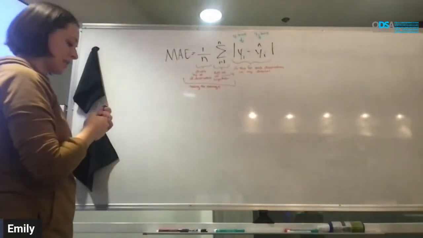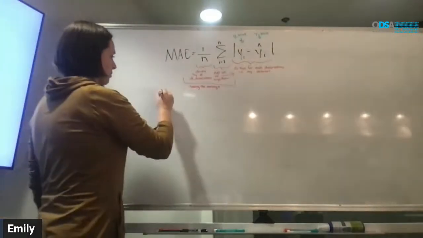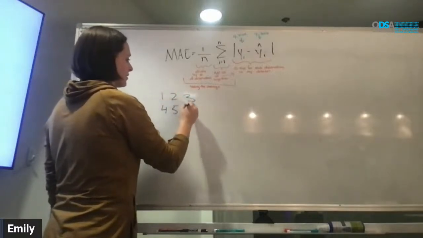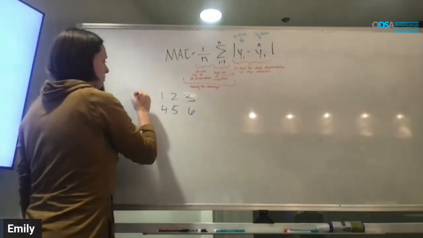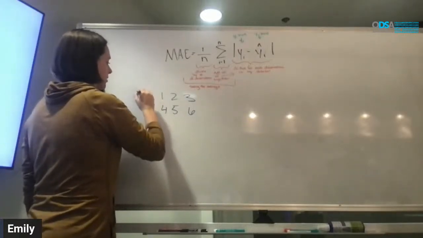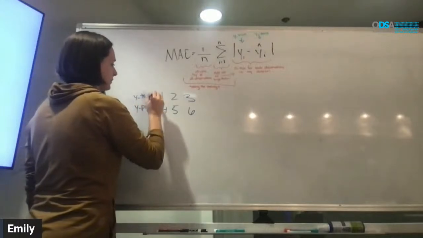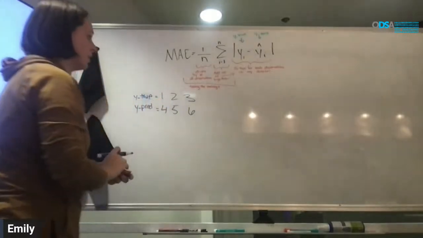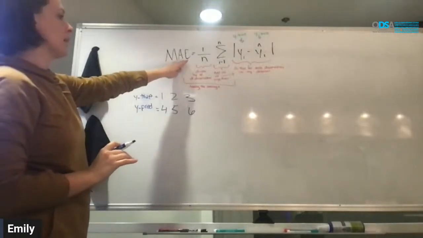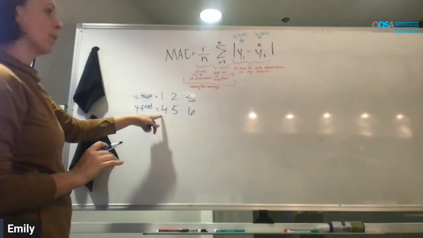Okay, let's think about just a really simple example so we can get this working. 1, 2, 3, 4, 5, 6. This is our Y true, and this is our Y pred. If we wanted to calculate the absolute error for each of these, it would be 1 minus 4, or 4 minus 1.